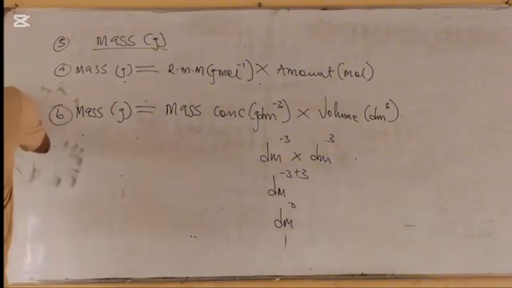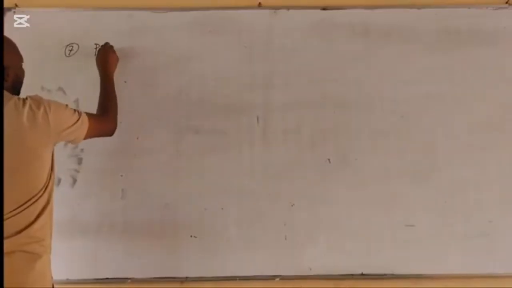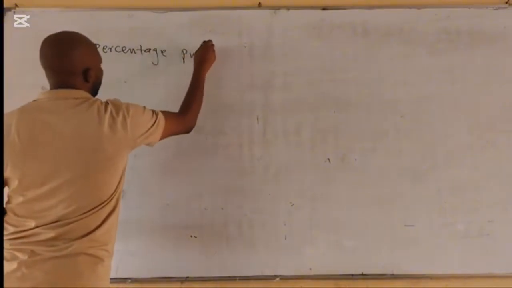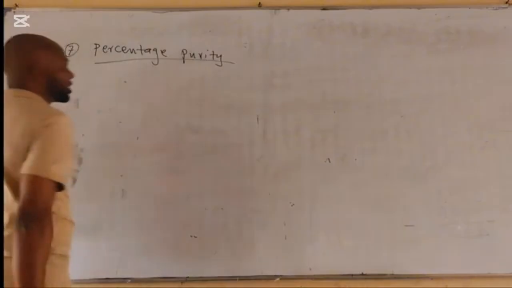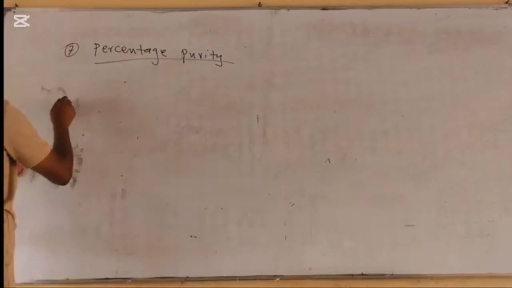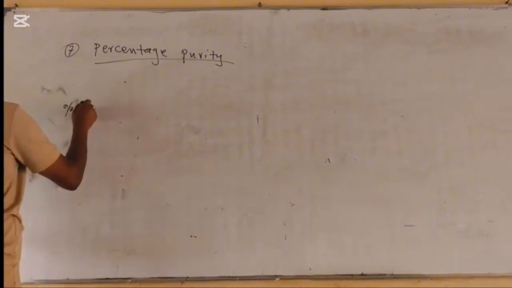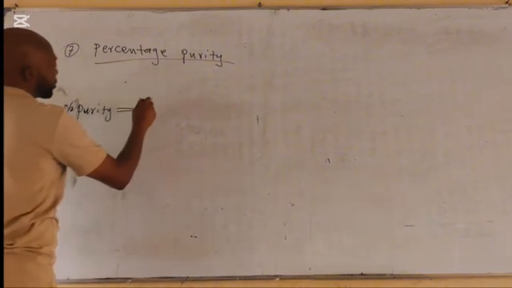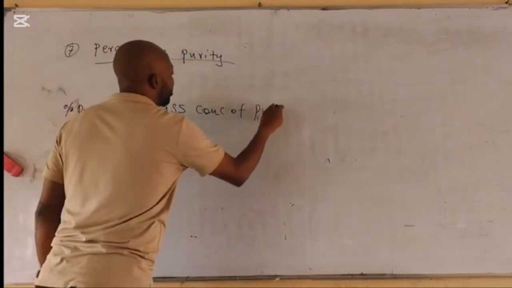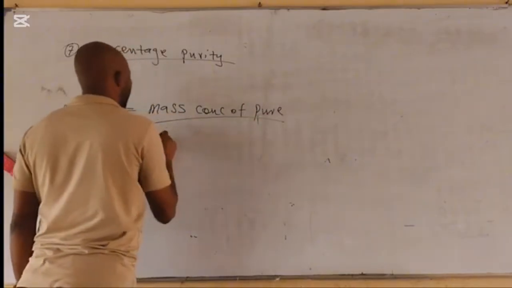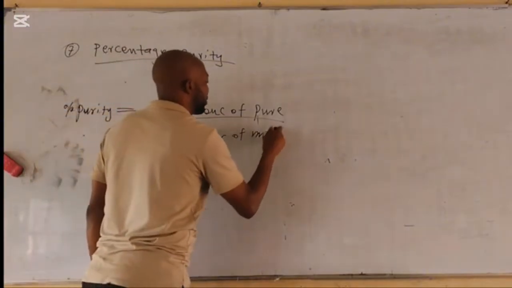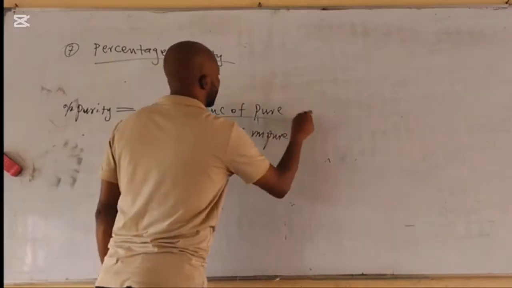Percentage purity. Now, percentage purity is equals to the mass concentration of pure sample over mass concentration of impure sample times 100.